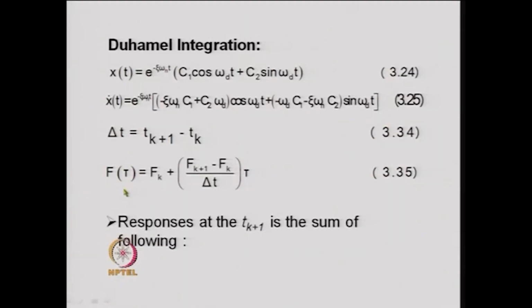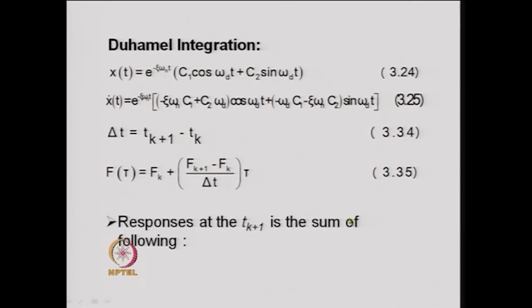What we do is that at k, that is, at time t k, we know the forcing function f k. We also know the forcing function at k plus 1 time. Then we consider as if the force between f k and f k plus 1 is varying linearly.